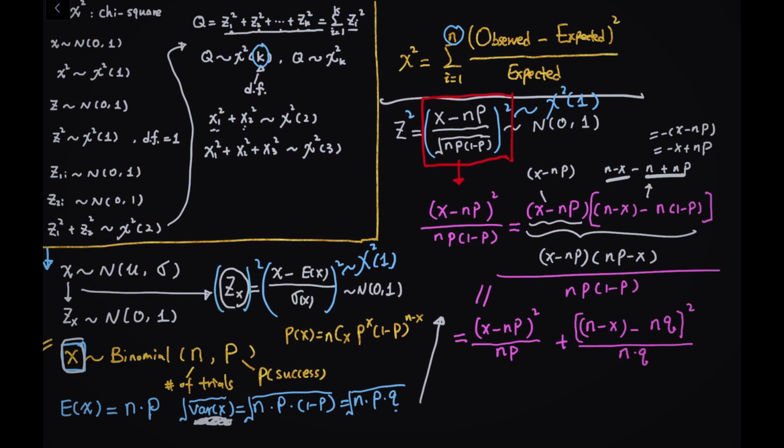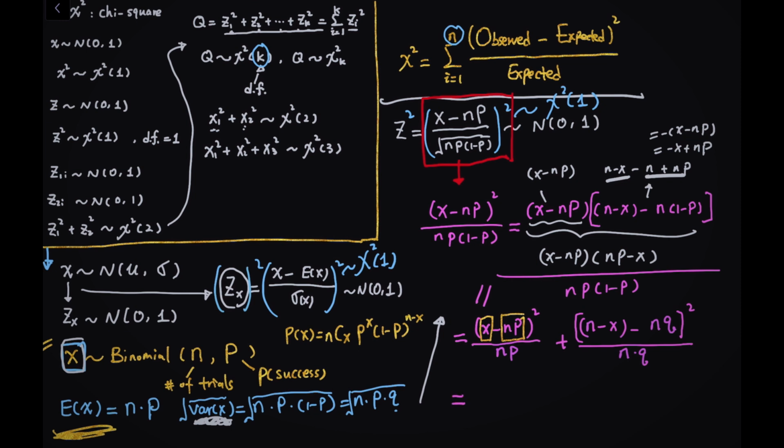And then look at this. This is the frequency, number of times you observe success, and this is the expected value of X, average, right, is here. And this is number of failures minus the mean number of failures, N times Q, right? And then squared in denominator is the expected value of X, expected value of failure. So you can write this way.